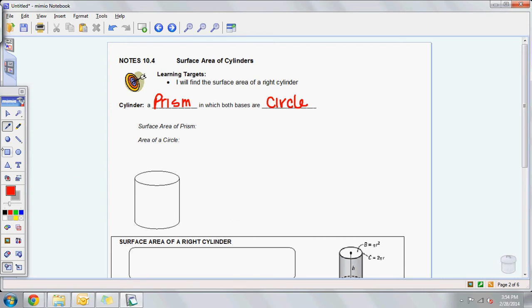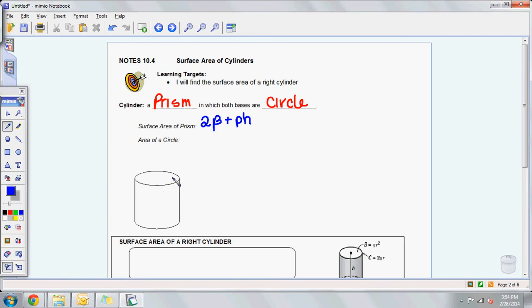Now let's also refresh our memory how we find the surface area of any prism that we learned yesterday. So it's going to be 2 times the base area plus the perimeter times the height. Okay? Now this base area is where you find the area of your base, of course.